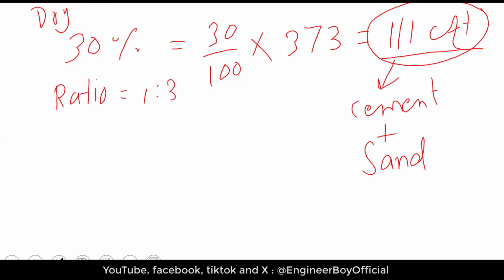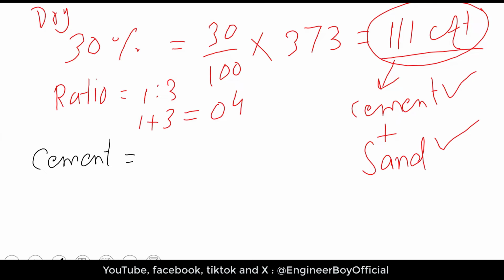Now we have to determine the sum of the ratio, which is 1 plus 3, and that should be 4. So this is what we need to determine these two materials. I need to determine the cement first. For this approach, let me erase these things and write a specific formula.